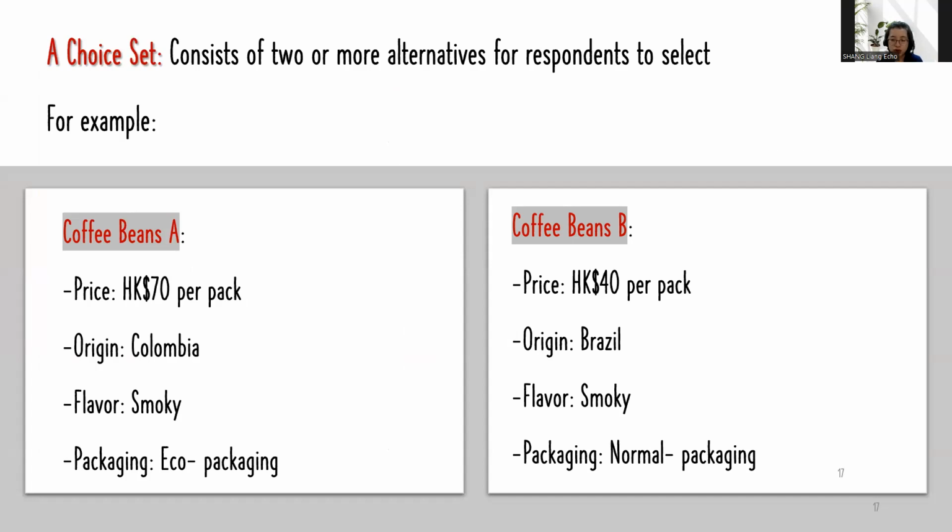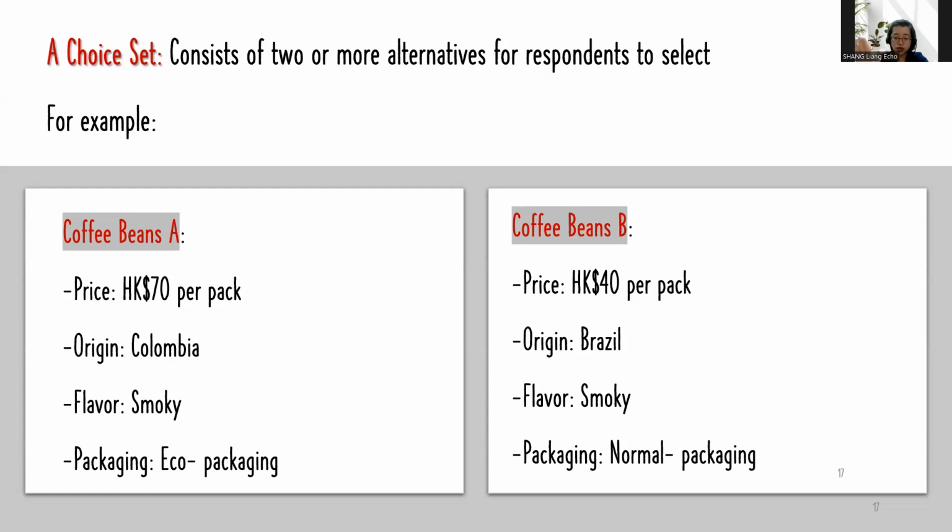Usually in a discrete choice experiment, we will have 2 different alternatives or options that we present to respondents, alternative A and alternative B. Here we have coffee beans A and coffee beans B. Each is described by 4 attributes: price, origin, flavor, and packaging, with different attribute levels that differentiate these 2 options. This is the choice set that we usually present to our respondents.